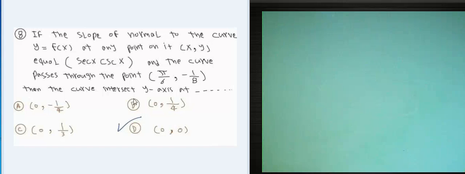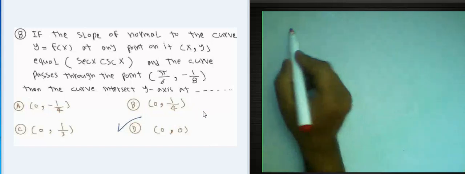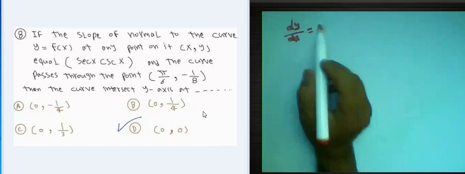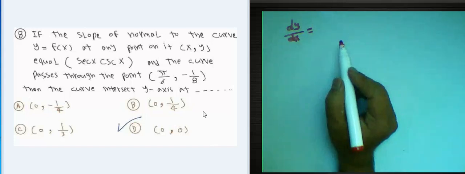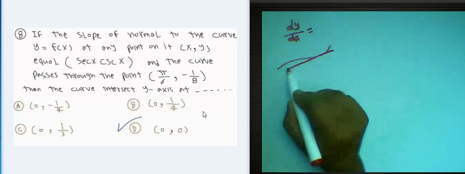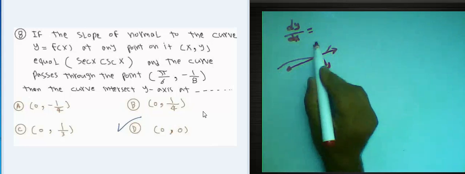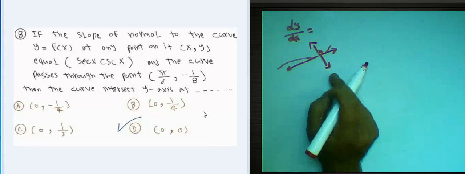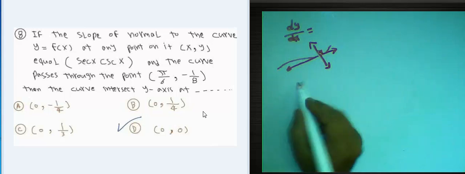Then the curve intersects the y-axis at what point? We know the derivative here, he gives us dy over dx power negative 1. He gives us the normal. In this example, look at the curve. It has a tangent here and it's perpendicular. It gives us the slope of the normal here.